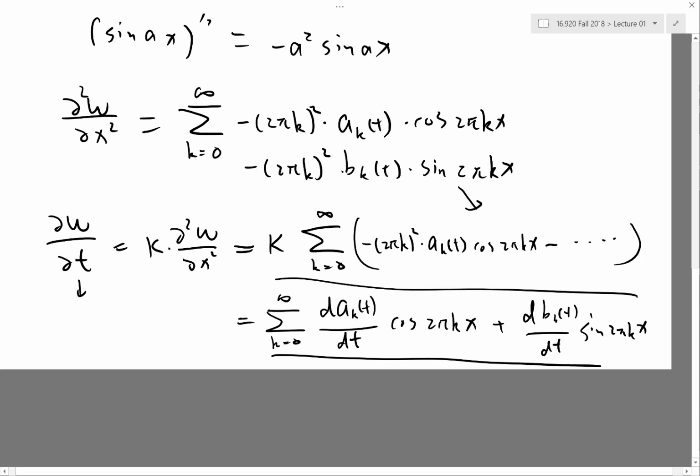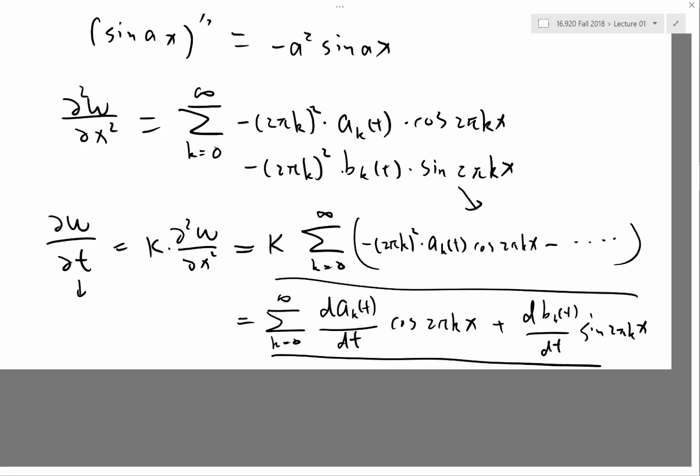Okay, and if you've done Fourier series, you know that if you have two Fourier series equal to each other, the corresponding terms have to equal each other. If you haven't done Fourier series, just imagine you have a series with different frequencies embedded in one function, and another function with frequencies.